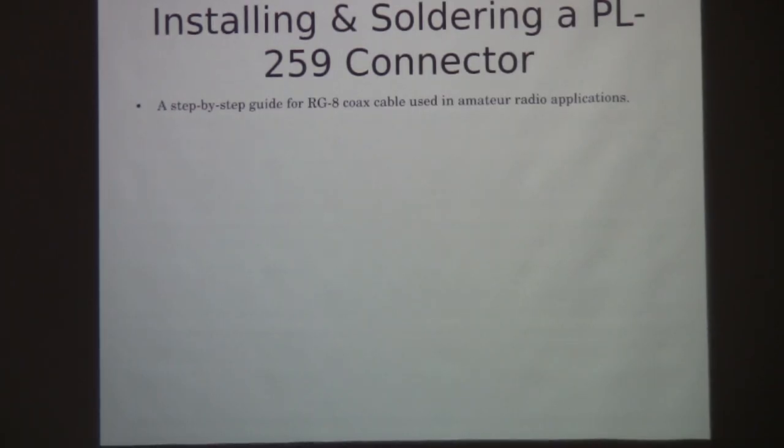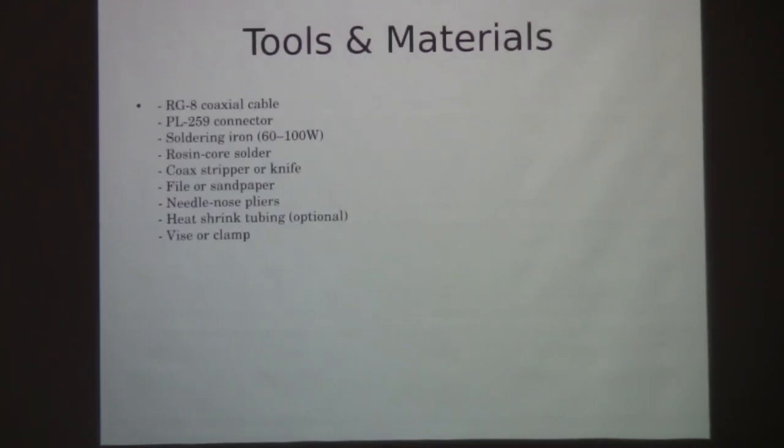So this is based on a PL259 connector, which is your standard, mostly used connector to hook up to a radio and antennas. So what you need is the RG8 coaxial cable, which is the bigger round stuff. And then it's called a PL259, and you want the male version because most of the connections take a male. They do make connectors for female, but you guys will be wanting the male.